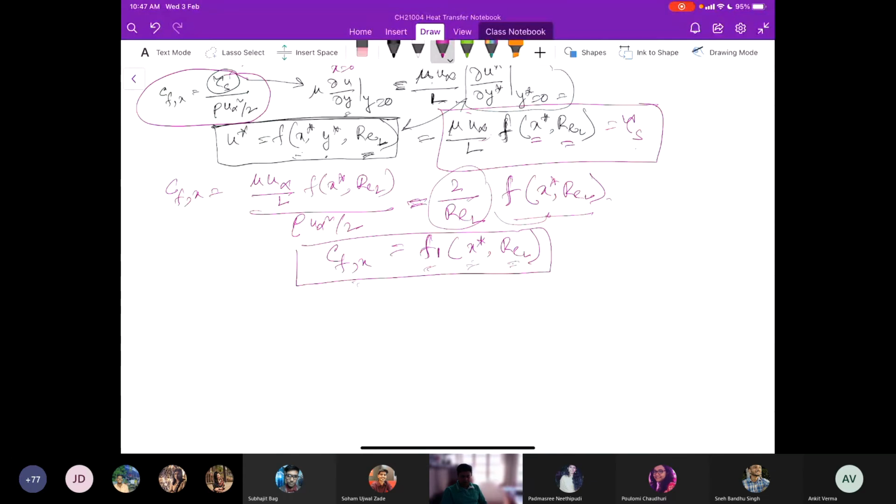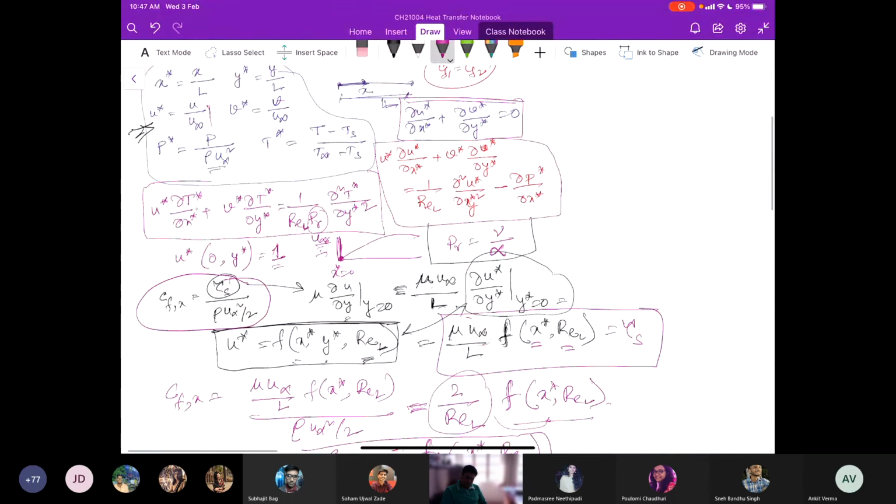So similarly, if we look at this, here is my energy equation.